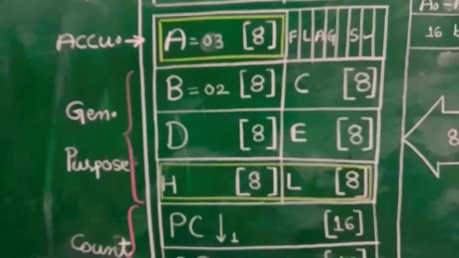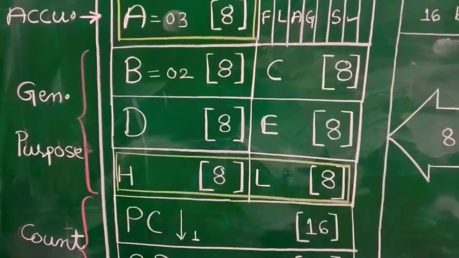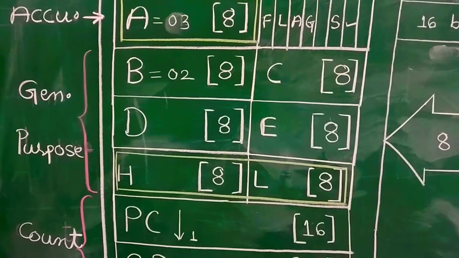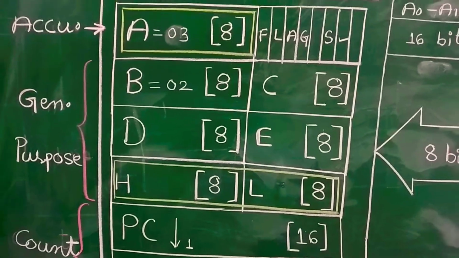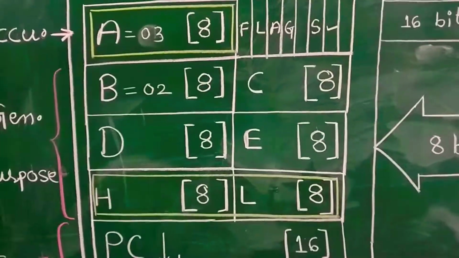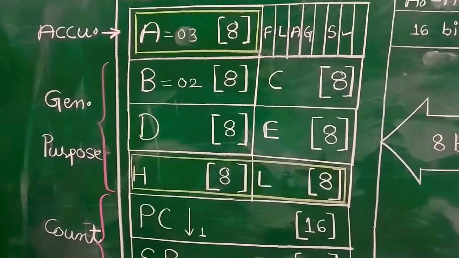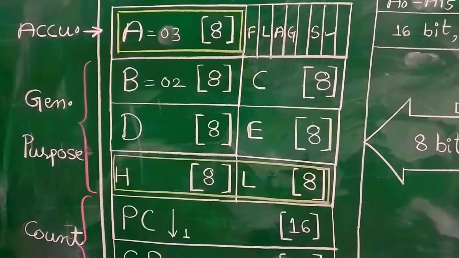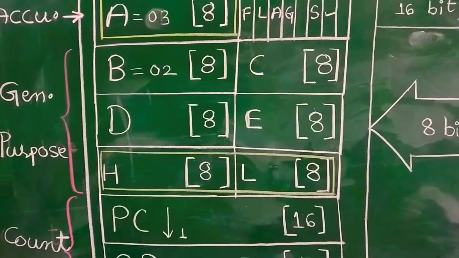Then we have general purpose registers B, C, D, E, H, L. These registers can be used separately as 8-bit data is to be processed. They can be used as 16-bit registers also for processing 16-bit data. In that case, BC pair, DE pair and HL pair can be used.